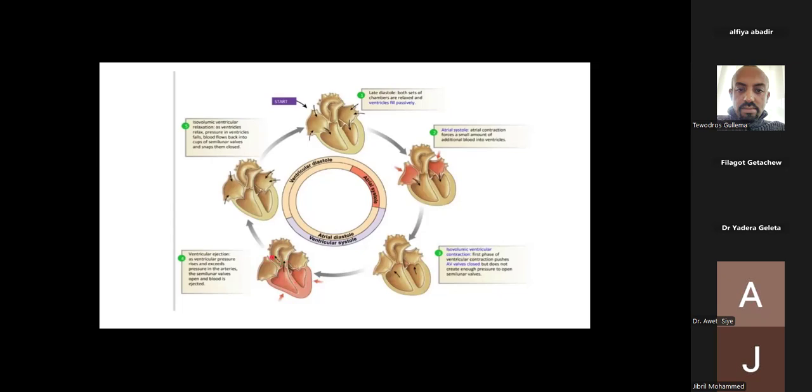As we said last time, whenever the stroke volume is ejected towards the great arteries, the aortic wall will distend to accommodate that additional volume, but the pressure is still lower than the ventricle, as in the early phase. This is called the fast ejection phase.